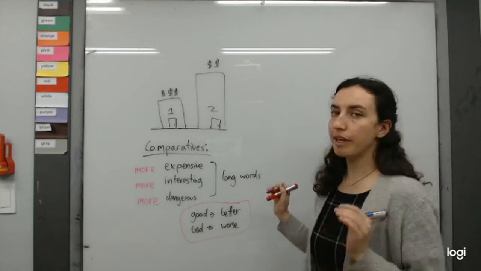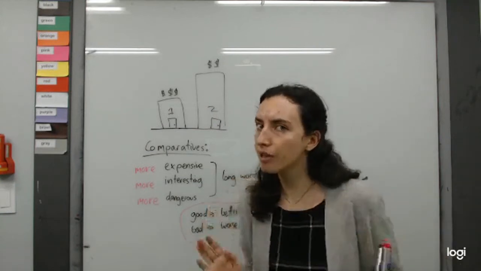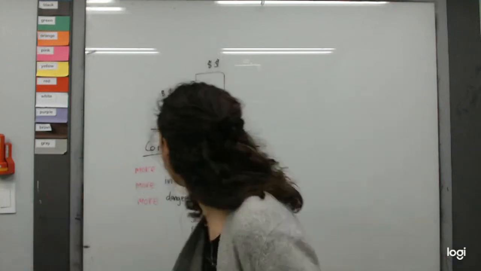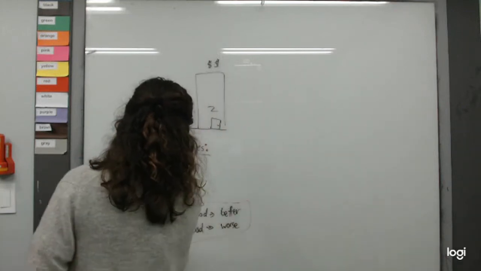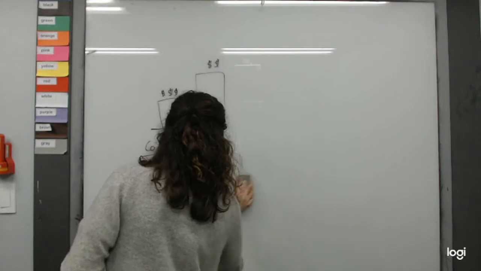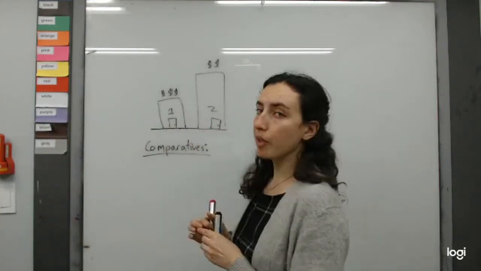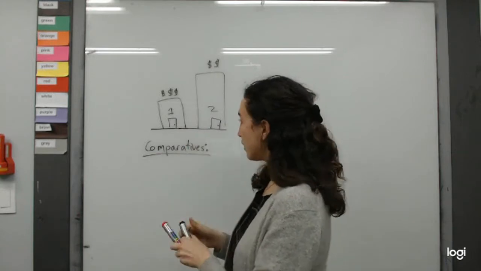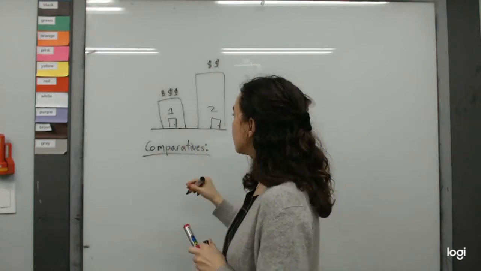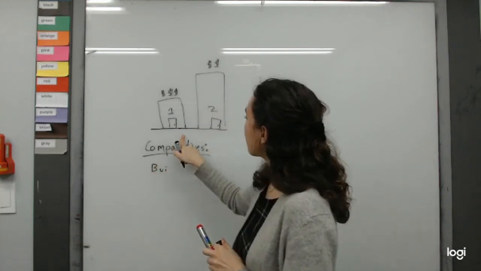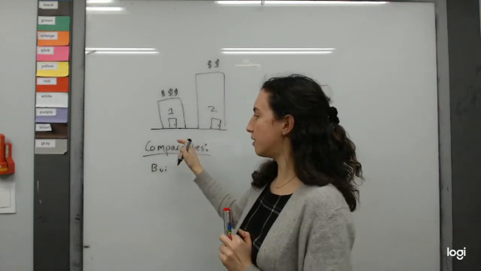Okay, so now that we know comparatives, let's quickly remember how we make a sentence with comparatives. So, using what we learned before, let's write a couple sentences about buildings 1 and 2. We can say, if we look at building 1, we see building 1 is very expensive.